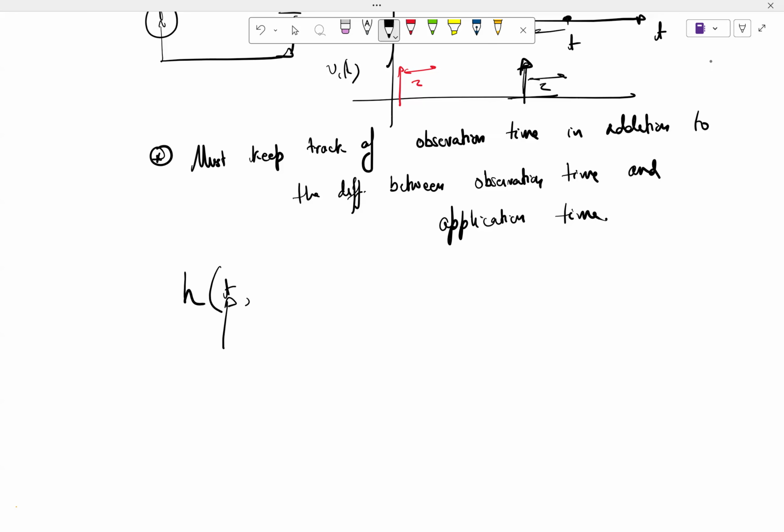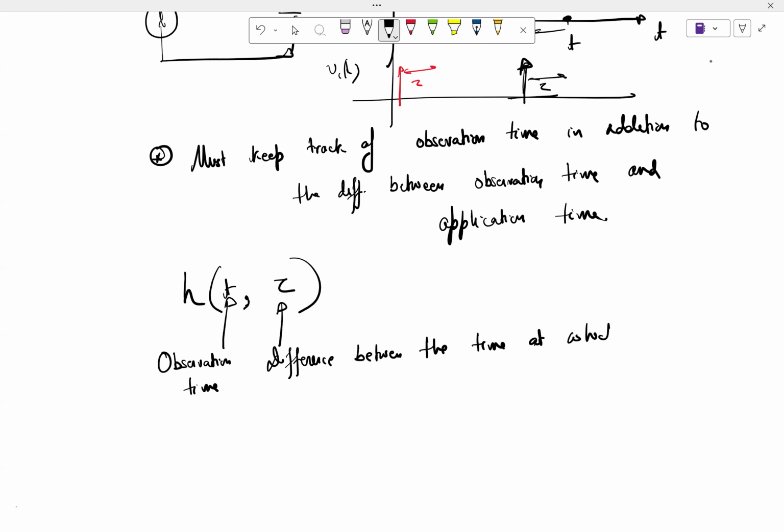This t is the observation time, and tau is the difference between the time at which the impulse has been applied and t.